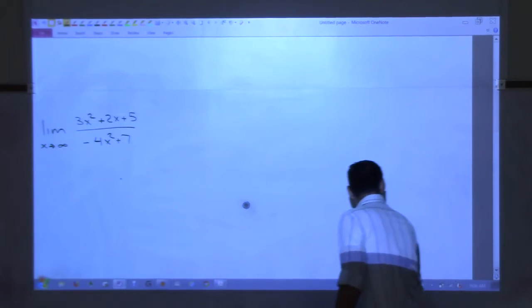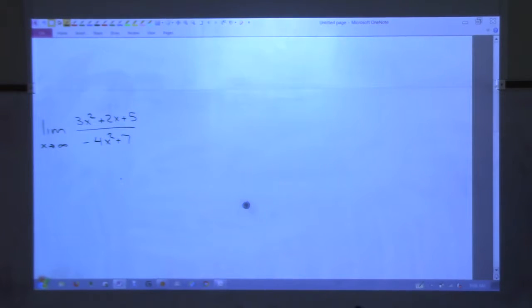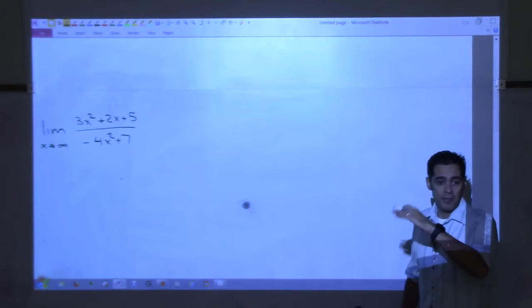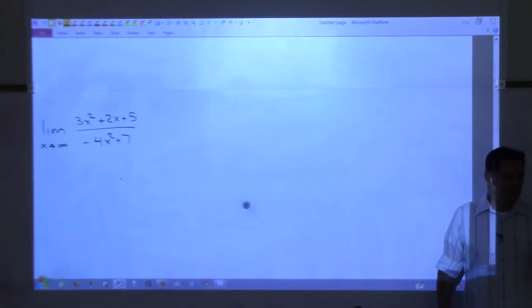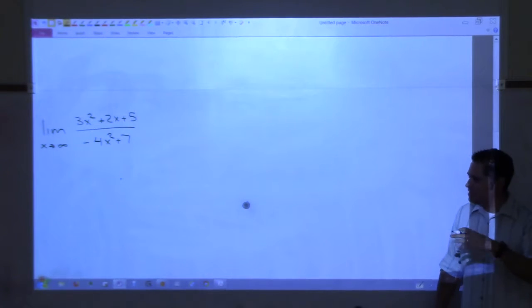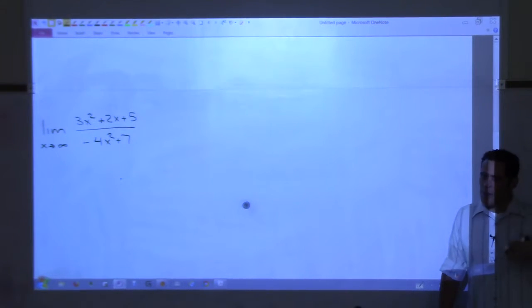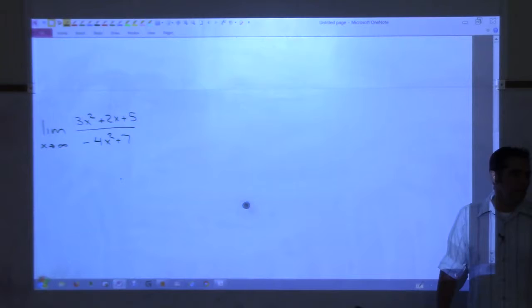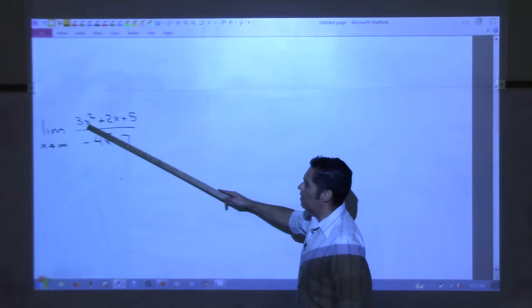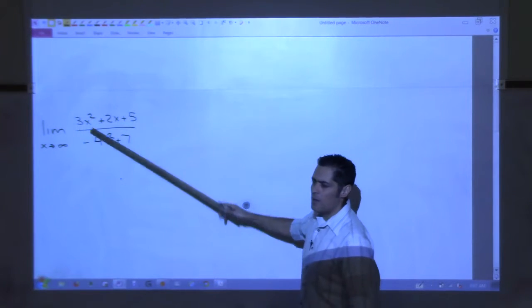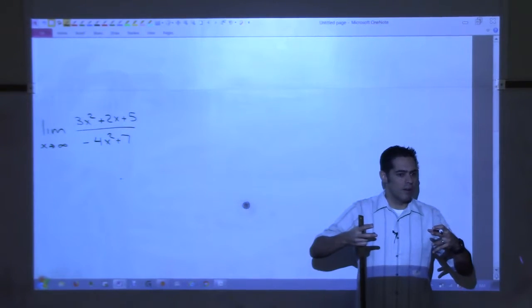All right, so the first thing we need to do is establish what happens to the numerator and denominator separately. So we're going to try direct substitution, but again, substituting infinity is kind of weird, so we're just thinking about what happens as x gets bigger and bigger and bigger. If I take x squared, that's going to get big and positive, and then multiply by 3, we still have something that's becoming infinitely large, right?